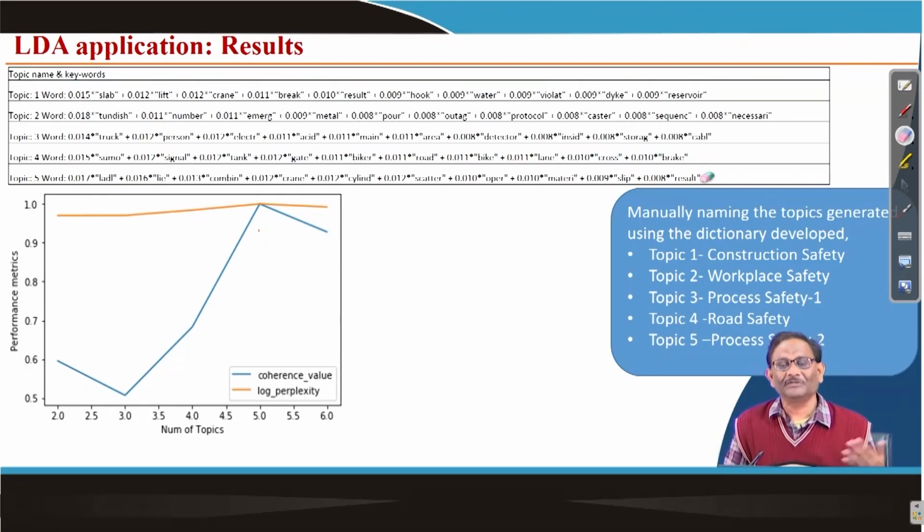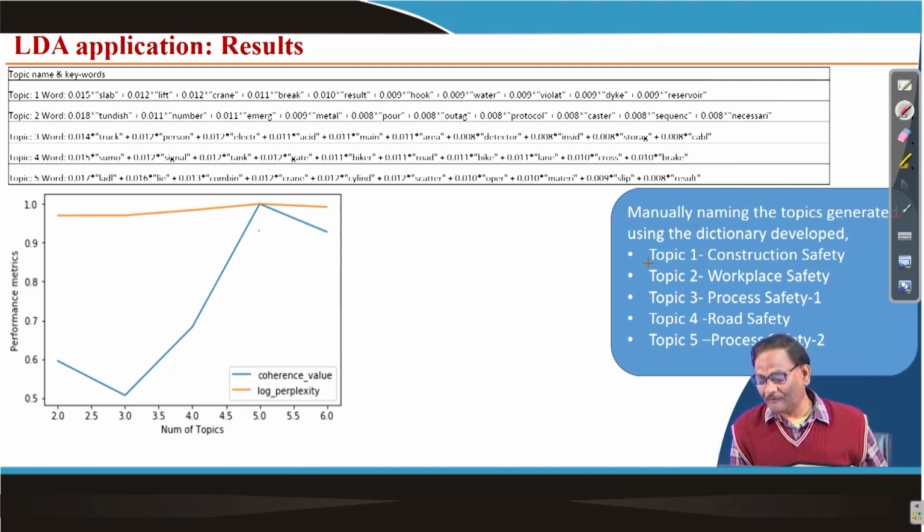Here, as 10 documents, you can read and do it. But anyhow, our purpose is to tell you the application of it. Yes, for the 10 documents we got 5 topics, and then later on manually we went through the words, and from the words we tried to understand what the topics are.